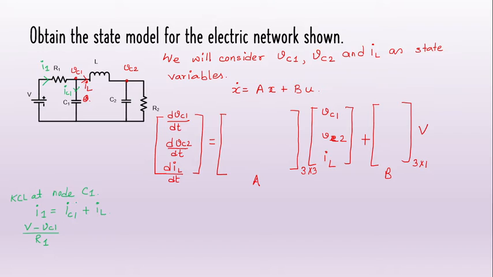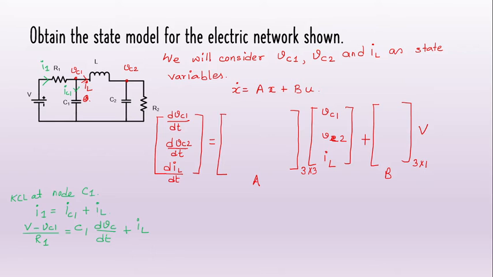What is IC1? We know that the current in a capacitor is C dV by dt, so I can write C1 dVC1 by dt. This is the capacitor current. And the inductor current, because it is my state variable, I will put as it is, IL.